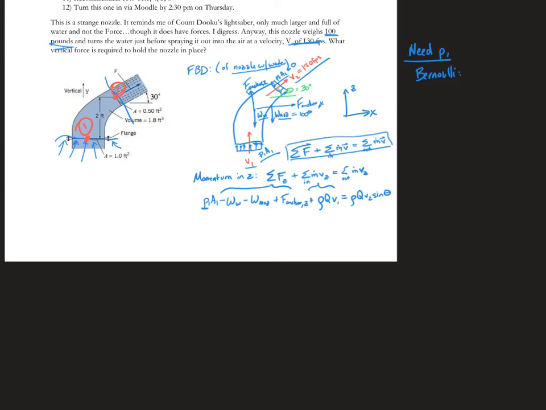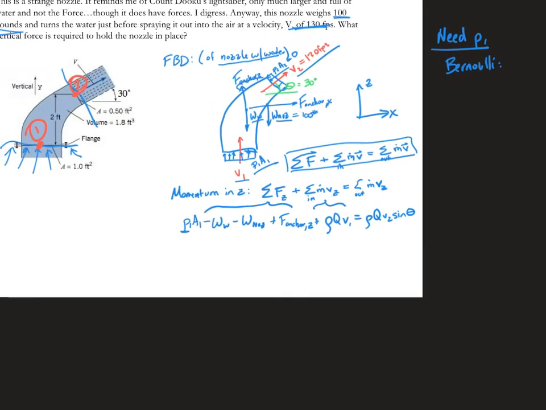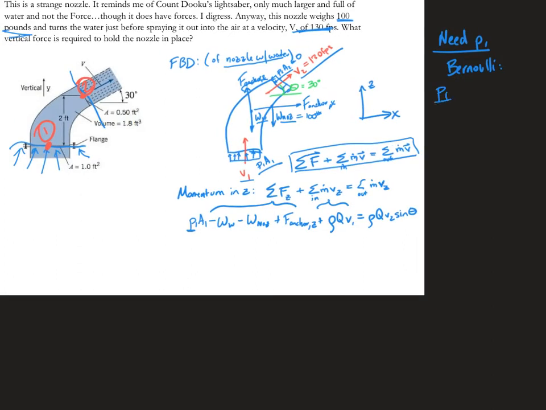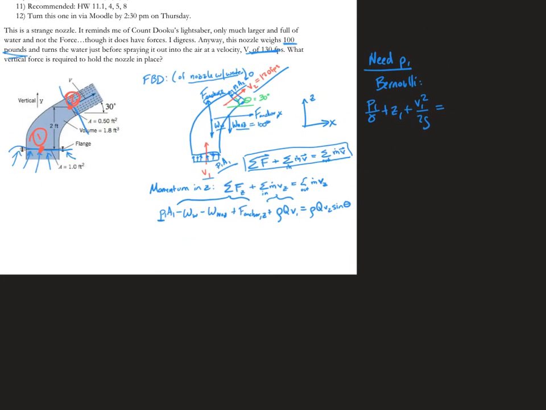Okay, so I'm going to go back over here and I'm going to try to leave where we can see that. So that's P1 over gamma plus Z1 plus V1 squared on 2g equals P2 on gamma plus Z2 plus V2 squared on 2g.